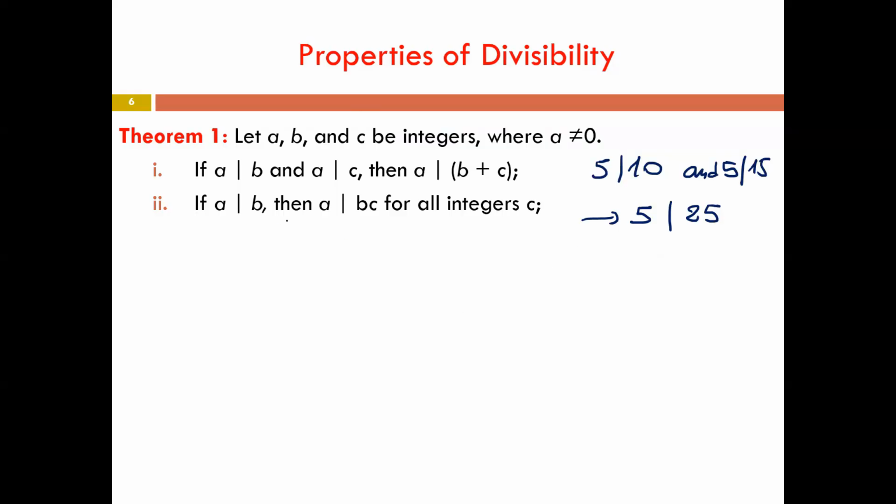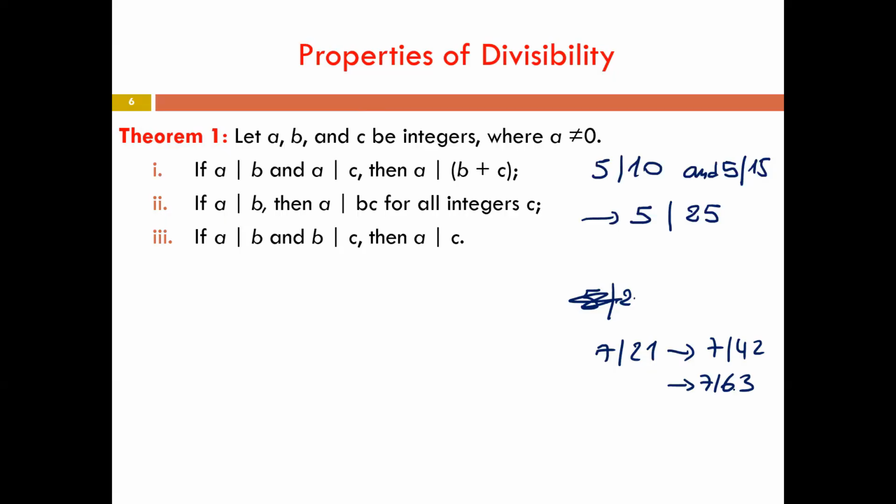If A divides B, then A divides any multiple of B. So 7 divides 21, so 7 divides 42 as well, and 7 divides 63 as well, any multiple of 21.